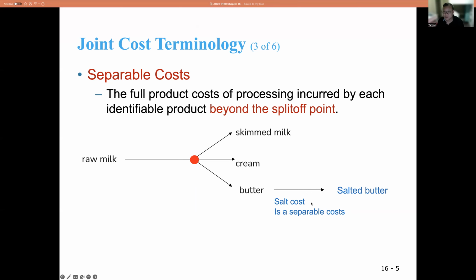This salt cost is only for the butter, not for cream or milk. Therefore, this cost is a separable cost. The joint cost here is for all the products, not separable, but when you further process one of the products, that's separable cost.